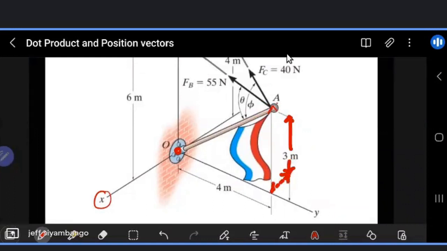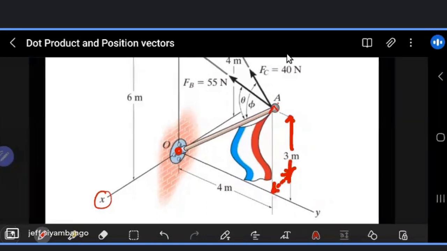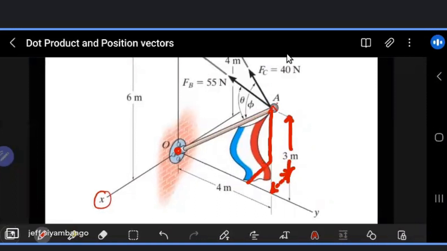Then to reach point A, you would first go like this, then go up to reach it. Then we would see there's a displacement in the horizontal axis. But it's not the case. The way it is, we are not having any displacement in the x-axis to reach point A.